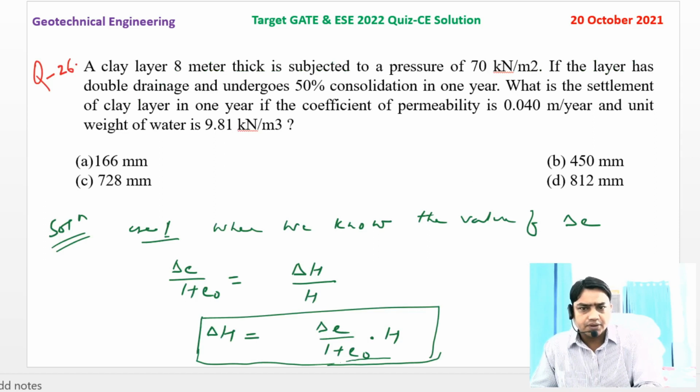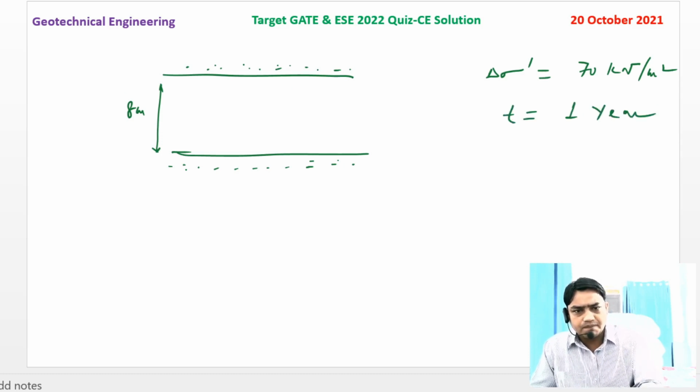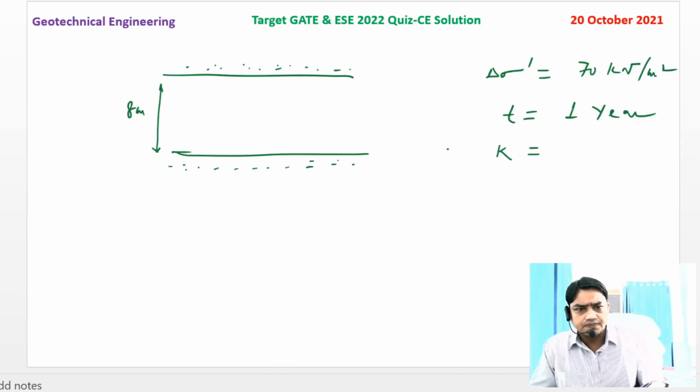The degree of consolidation is 50%, time T is 1 year, and the coefficient of permeability is given as 0.04 meter per year.